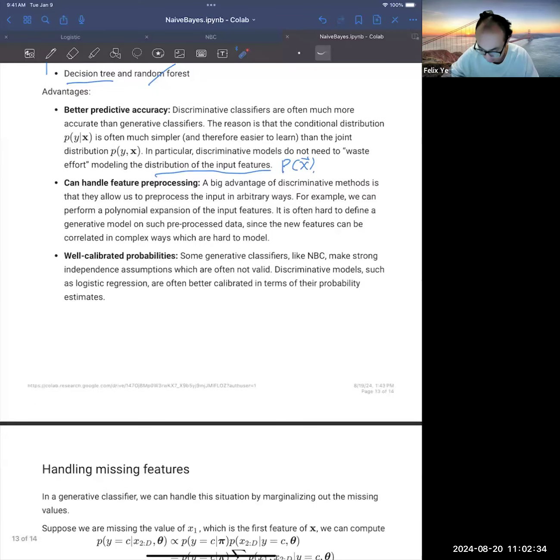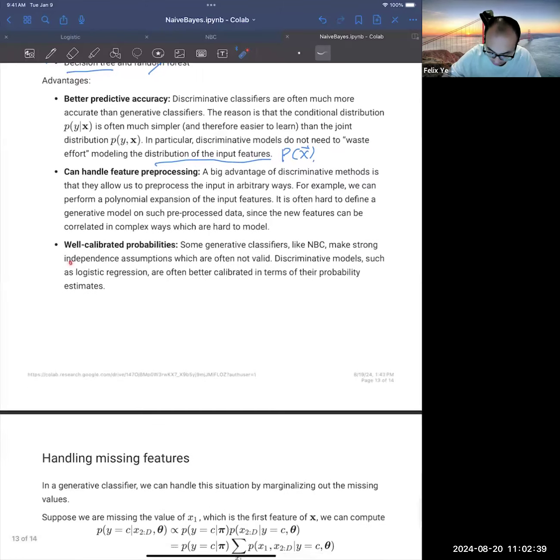Another advantage is that we have well-calibrated probabilities. For example, with the naive Bayes classifier, we have very strong independence assumptions. That means each feature conditional on the labels is independent, which is often not true.